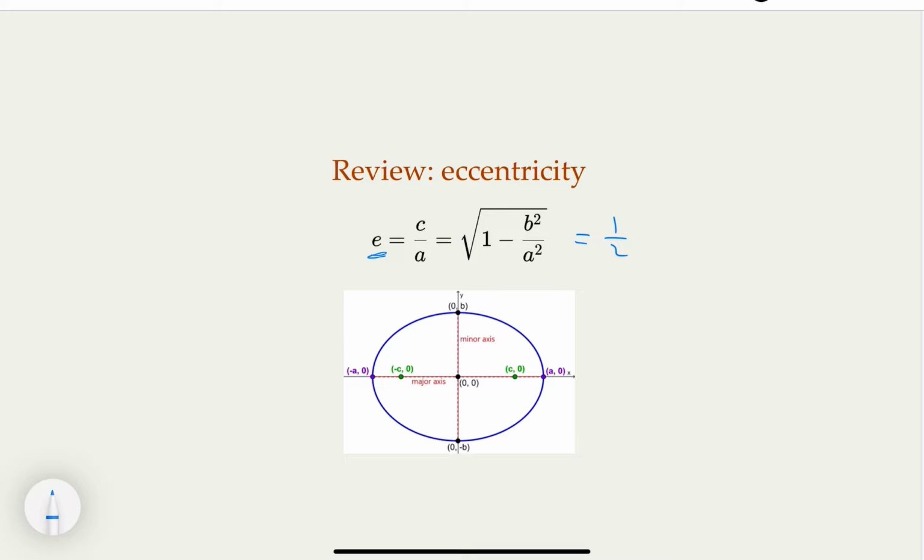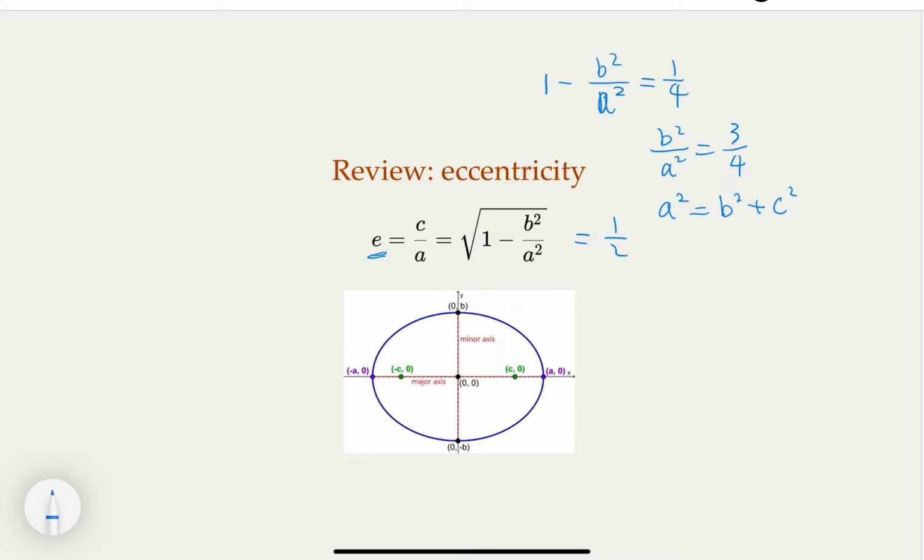All right, so with that, it's easy to do some algebra here. So 1 minus b squared over a squared is going to be 1/4, and b squared over a squared would equal 3/4. We also know that a squared equals b squared plus c squared, right?